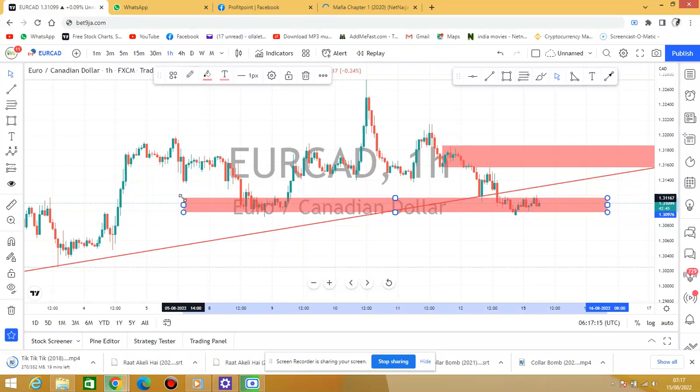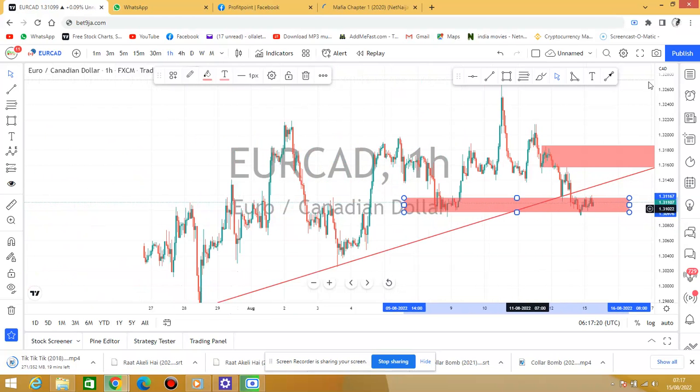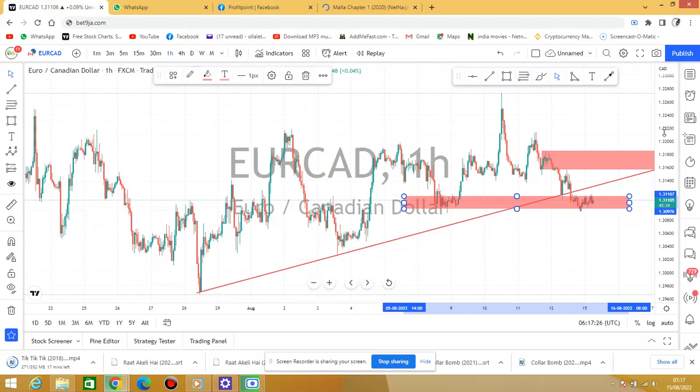I'm only waiting for price to break out this level. If price finally breaks out this level, then consider it coming down to this level, 1 point something, that's around 1.2800 for EURCAD. That's my price.